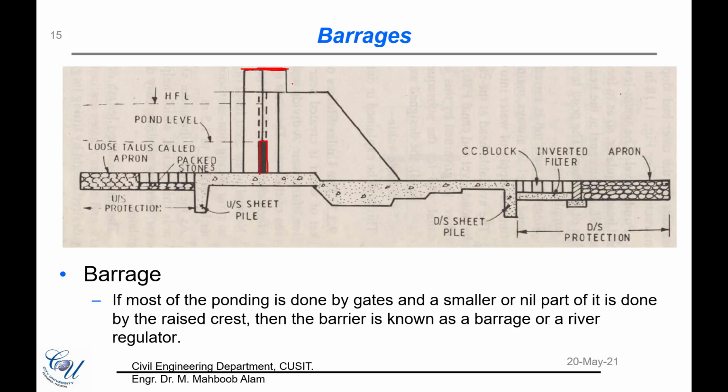We have larger pulleys and rope structure which move the gate in either the upward or the downward direction. You do see here that the pond level for the maximum level is somewhere here. So we can store a lot of water with the barrages, and most of the water is stored by the gates of the structure.